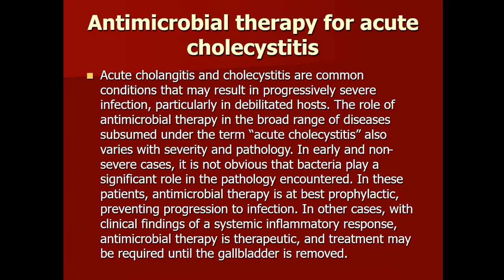Ampicillin sulbactam has little activity left against Escherichia coli, and it was removed from most of the guidelines. Fluoroquinolone use is recommended if susceptibility of culture isolates is known or for patients with beta-lactam allergies. Many extended-spectrum beta-lactamase producing gram-negative isolates are fluoroquinolone resistant.